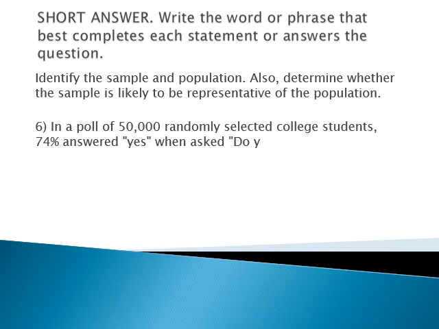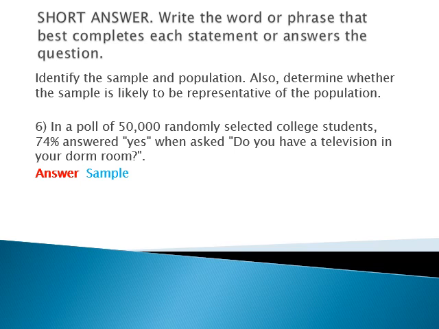We are going to represent a certain characteristic of a selected group. So here the question is: a poll of 50,000 randomly selected college students, 74% answer yes when asked, do you have a television in your dorm room? In this case, it is a sample because we are randomly selecting a specific group in a population.